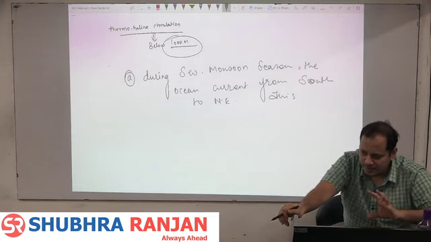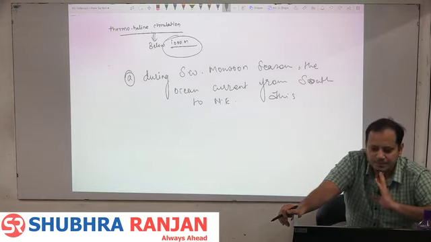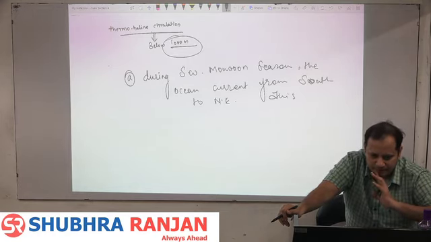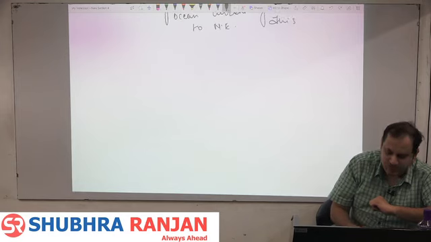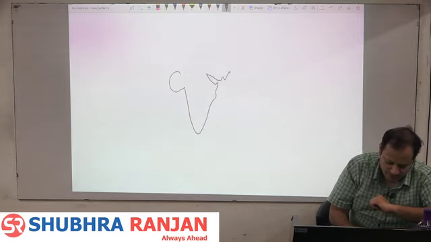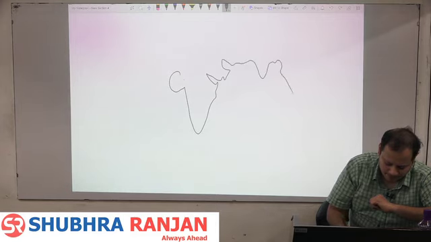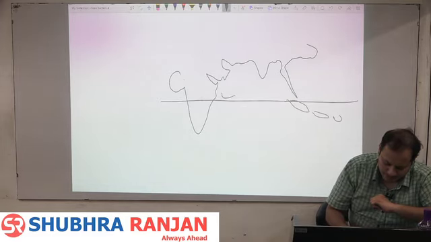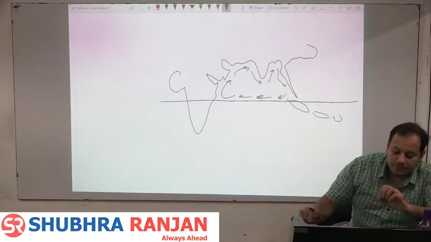What we have drawn yesterday should come here, in which we show this one: southwest monsoon current, Arabian Sea branch, Bay of Bengal branch, and then ऐसे. There is no counter equatorial current. Getting it?